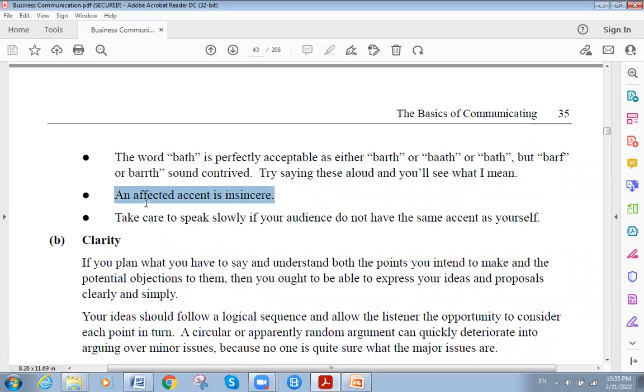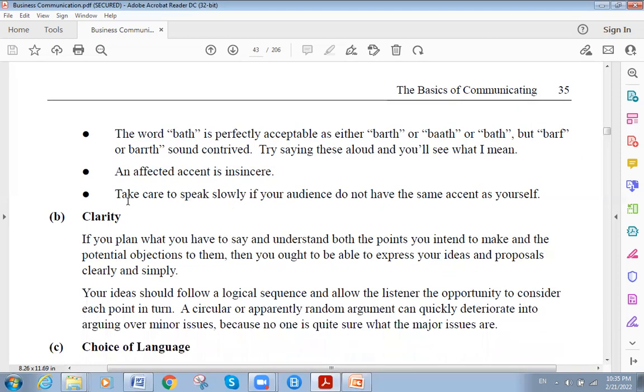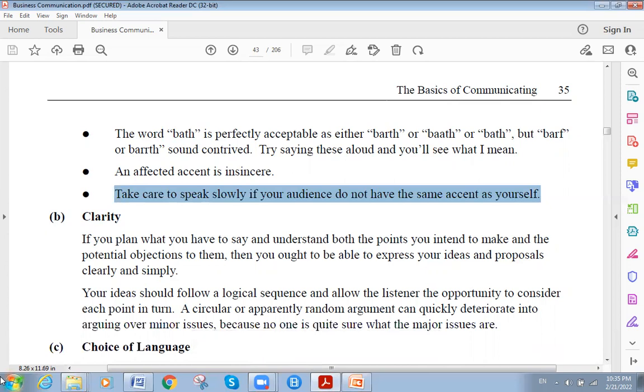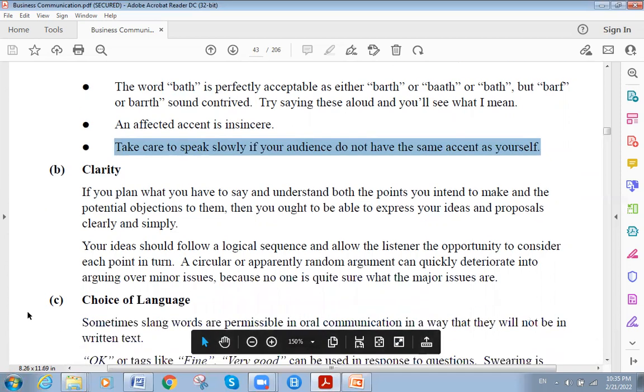Also, an affected accent is insincere. Take care to speak slowly if your audience does not have the same accent as yourself. So yes, this is the most important part, to talk slowly if your audience, or the people with whom you communicate, are not speaking the same language as you.